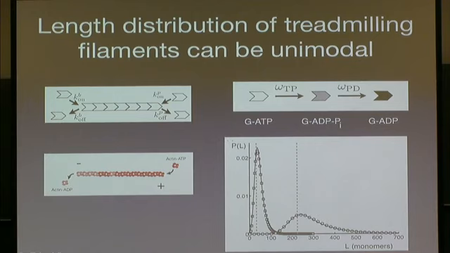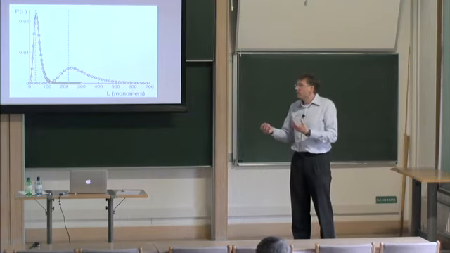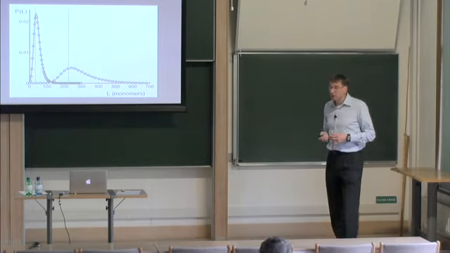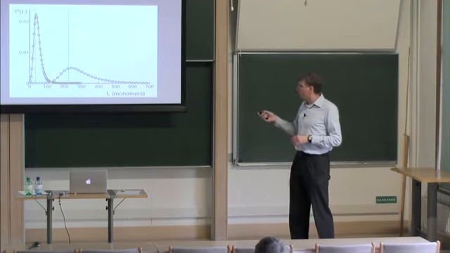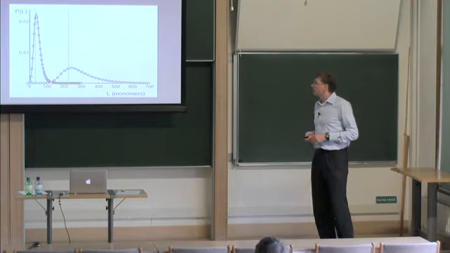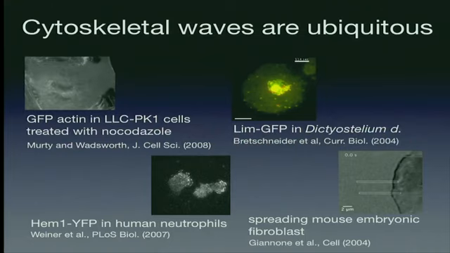Okay, but that's not the only interesting thing that comes out from feeding energy into the assembly and disassembly process of the filaments. You can also have interesting phenomena if you look at many filaments together. So this was a single filament basically. Now let's see what happens if we have many filaments together. What you then see often in cells, and this is reported very often in papers nowadays, is that you see waves appearing.